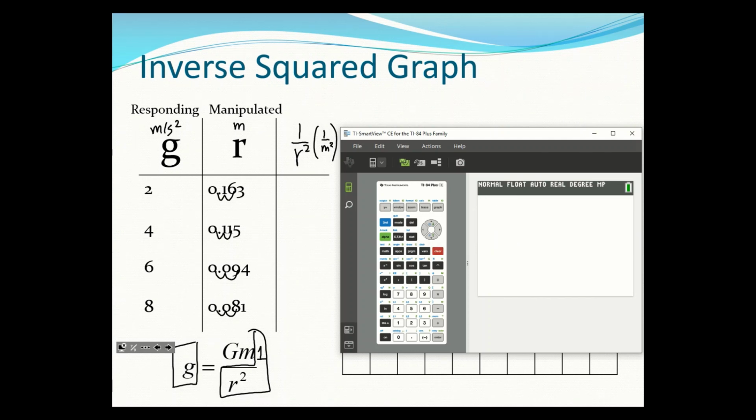So I would just go 0.163 squared, and then I usually just 1 over my answer like that. So I get 37.6.